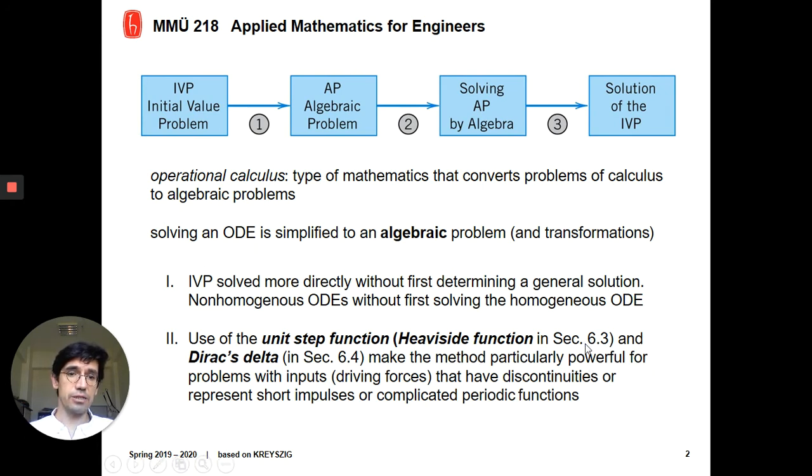Now particularly in sections 6.3 and 6.4 we will have some opportunity to see or build new functions based on these two functions, the unit step function and Dirac delta, to make different inputs to our system.